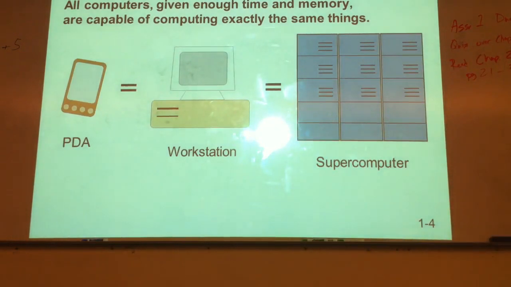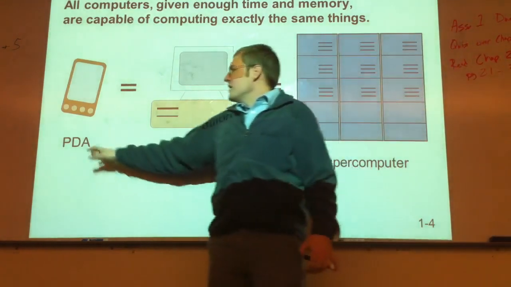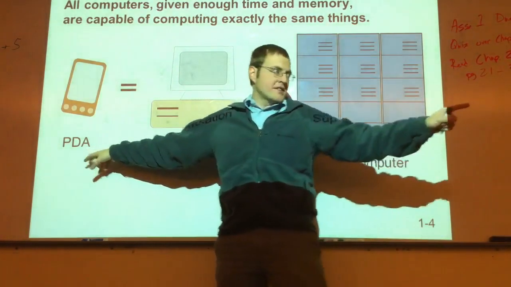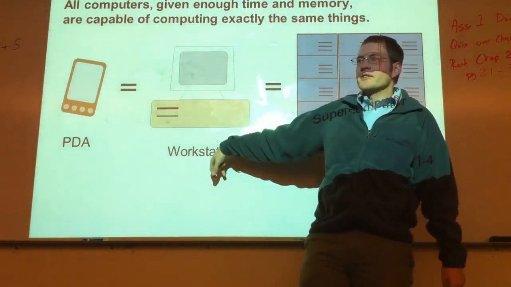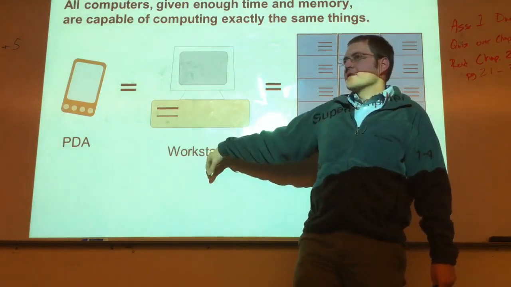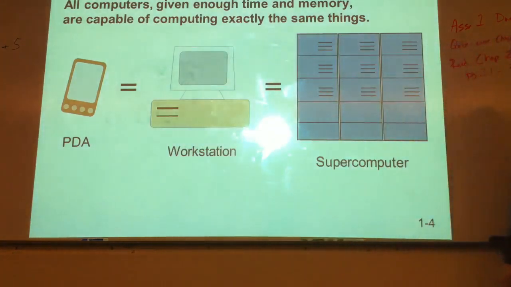Even though this computer here and this PDA, with my little processor at 10 megahertz while this one is 3.3 gigahertz, the slower one will do it a lot slower, but they still do it, no matter what.